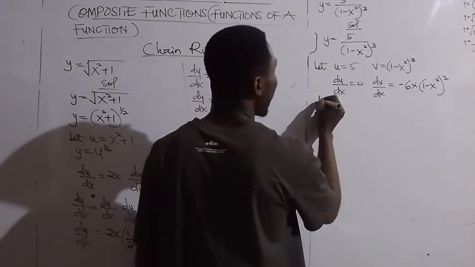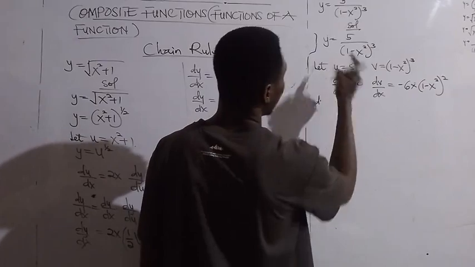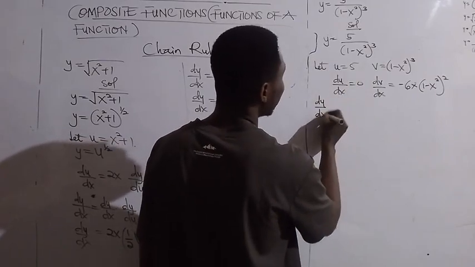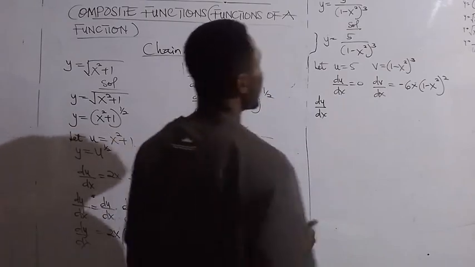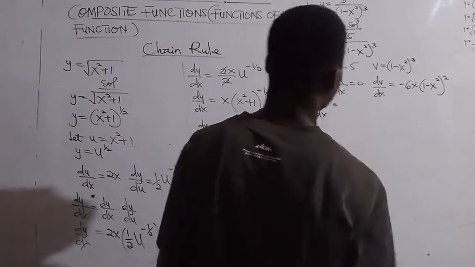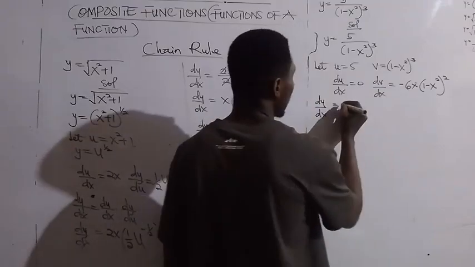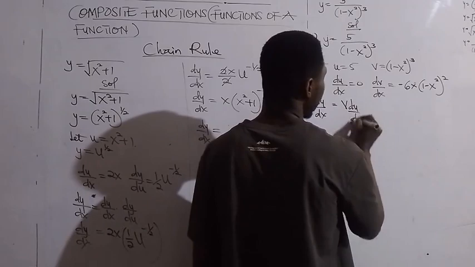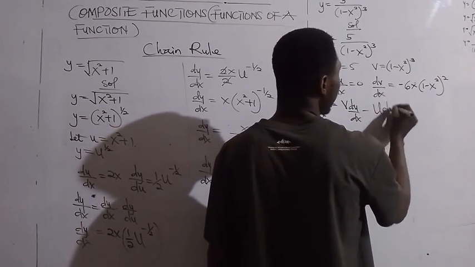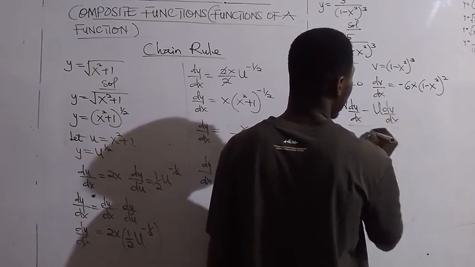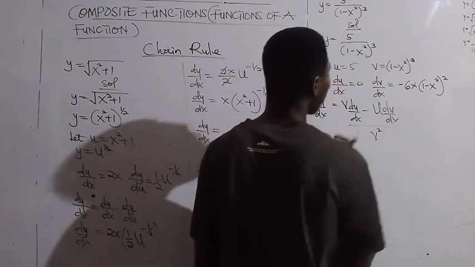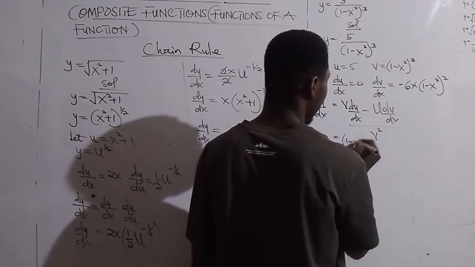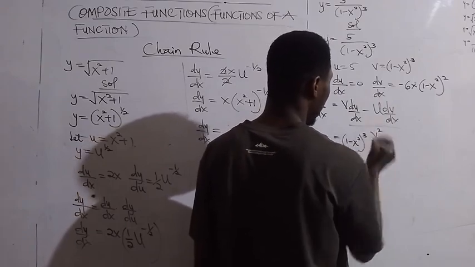So our dy over dx will take the v. dy over dx is now equal to v du over dx minus u dv over dx, all over v squared. Now what is v? V is this, 1 minus x squared to the power of 3.